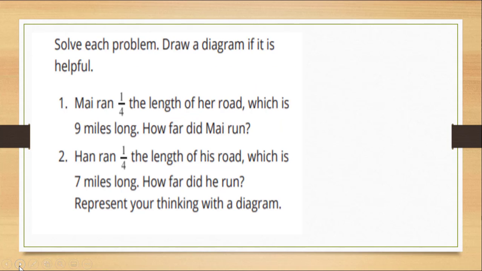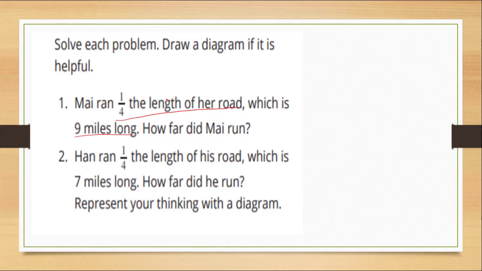Okay, so let's solve each of these problems. If we need to draw a diagram, we will. Let's look at number 1. May ran 1/4 the length of her road, which is 9 miles long. How far did May run?